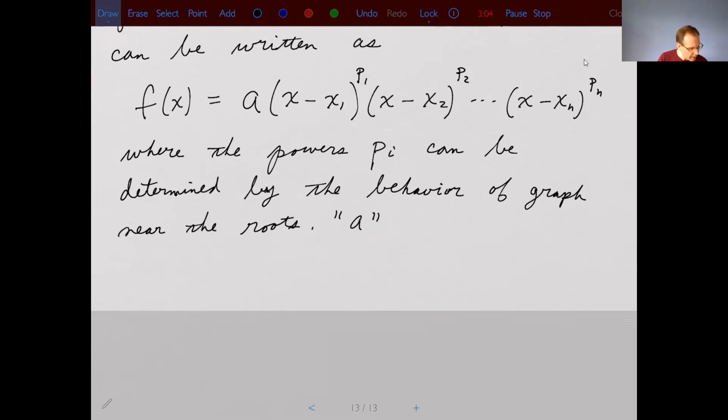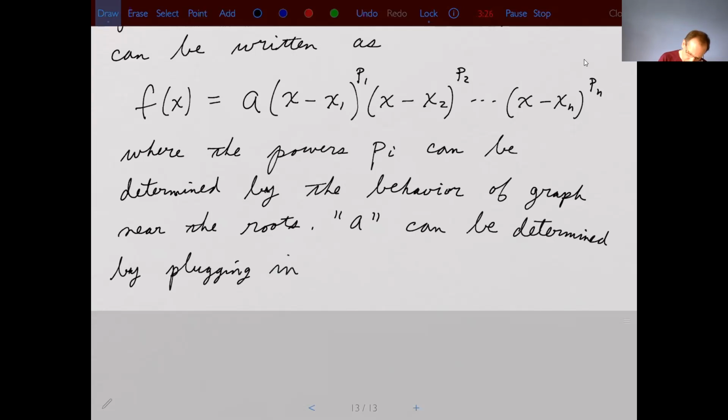And then the a, so that value up front, can be determined just by plugging in a point, right? We've done this before. So it can be determined by plugging in a point on the graph. The only thing is you can't use one of the roots because it'll make it 0 and it won't allow you to find a.